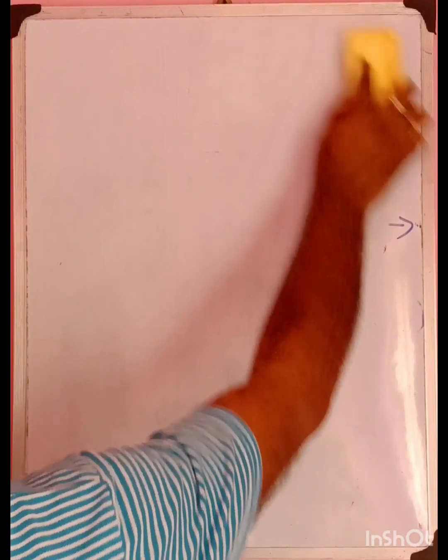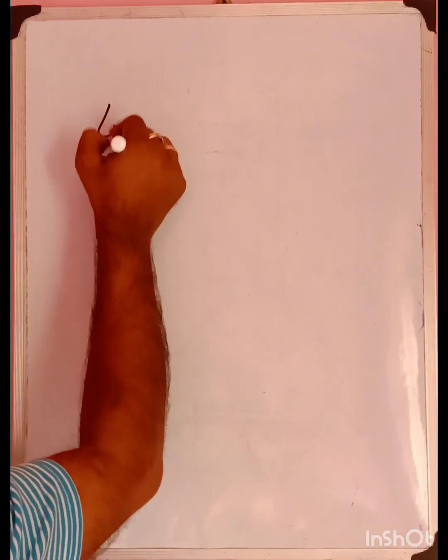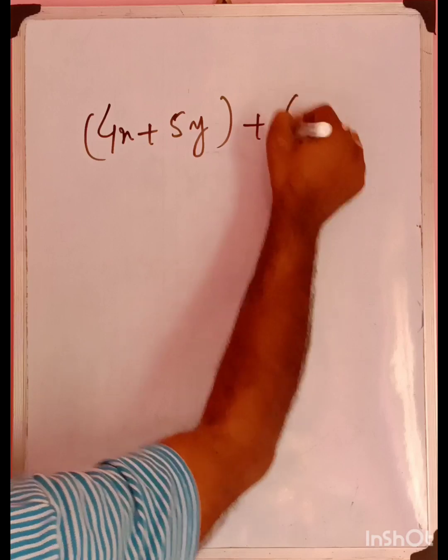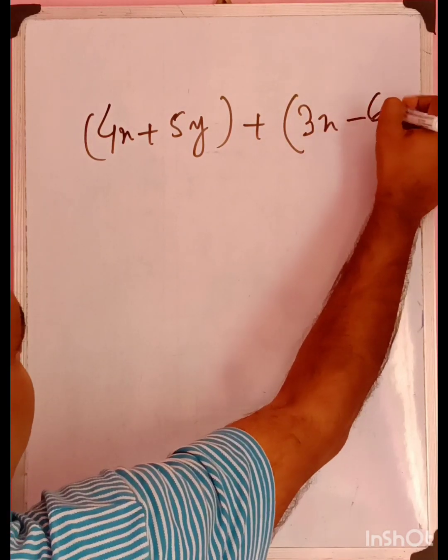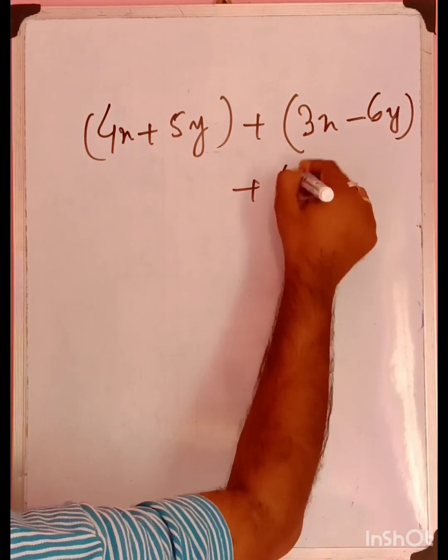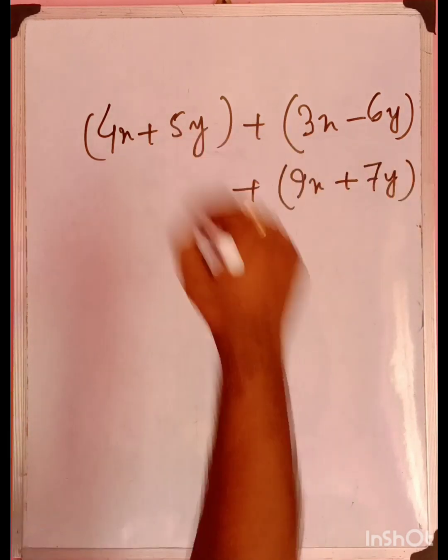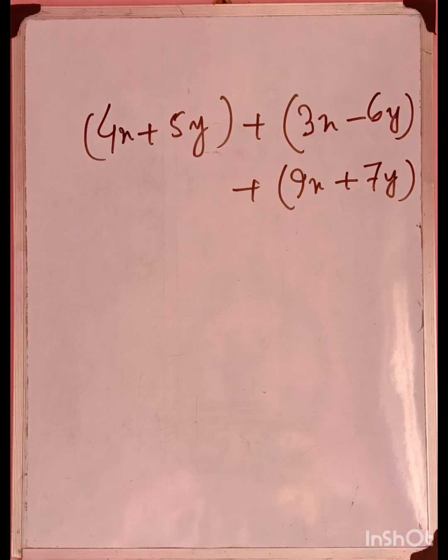We can just take some examples as a rehearsal. Say 4x plus 5y plus 3x minus 6y plus 9x plus 7y. Calculate very fast.